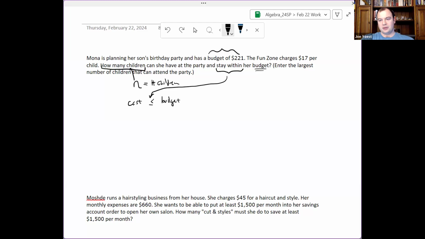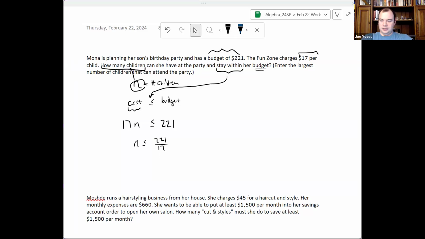So what's the budgeted amount? $221. What's the actual incurred cost for inviting N children at a cost of $17 per child? 17N. So I have to have 17N less than or equal to 221, or N less than or equal to 221 over 17.